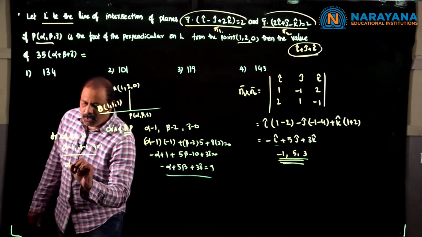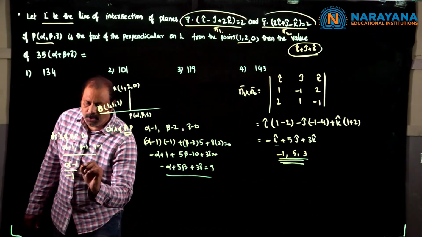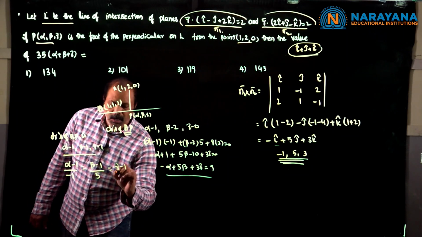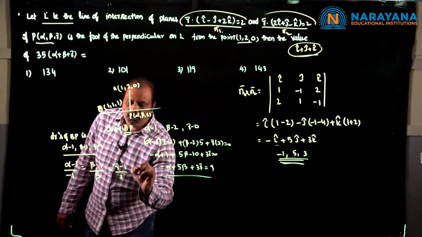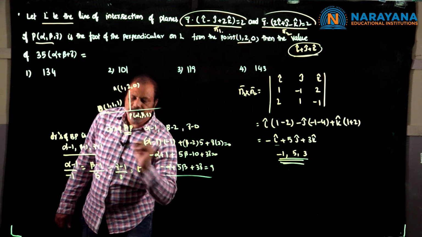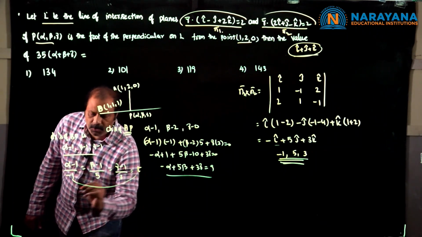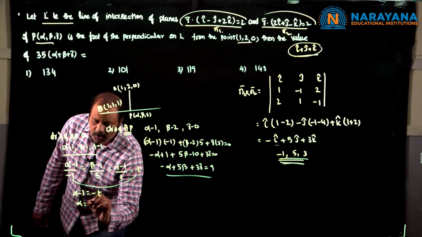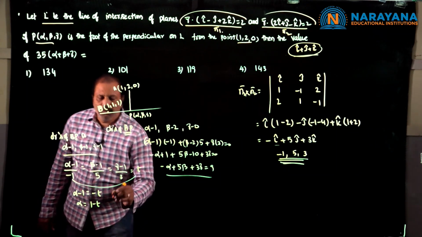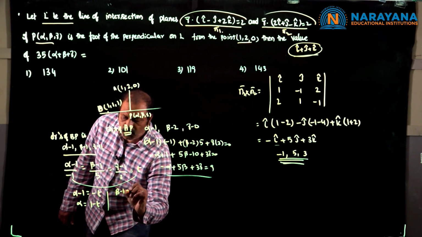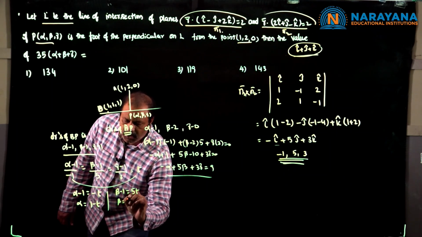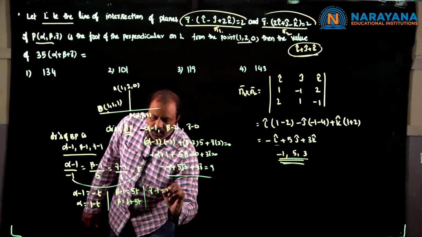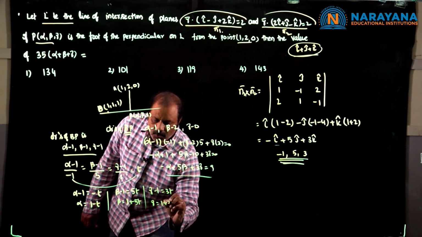Hence, (alpha minus 1) by minus 1 is equal to (beta minus 1) by 5 is equal to (gamma minus 1) by 3 is equal to, let us take, T. From this, alpha minus 1 is equal to minus T, so alpha is equal to 1 minus T. Similarly, beta minus 1 is equal to 5T, so beta is equal to 1 plus 5T. Now, gamma minus 1 is equal to 3T, so gamma is equal to 1 plus 3T.